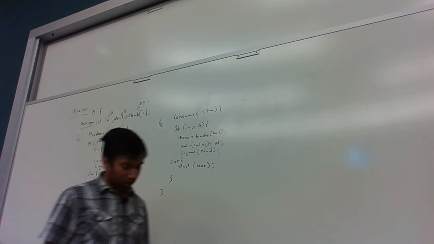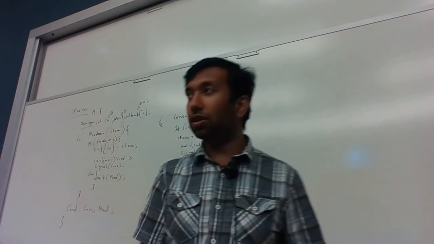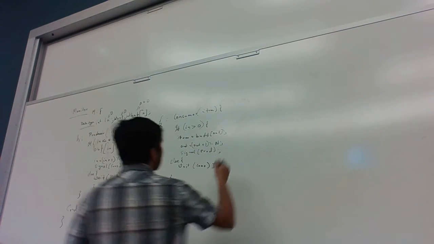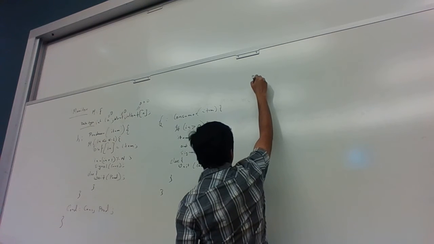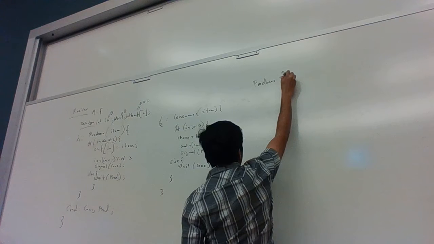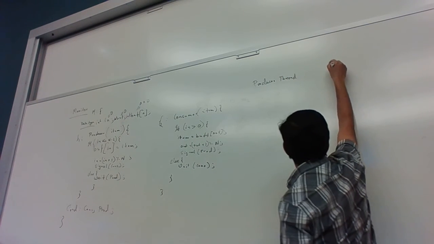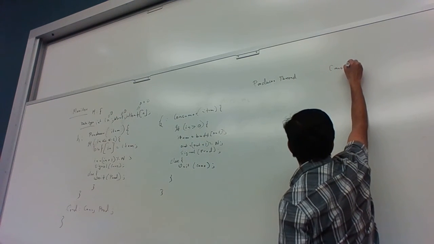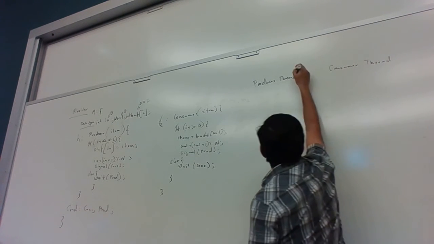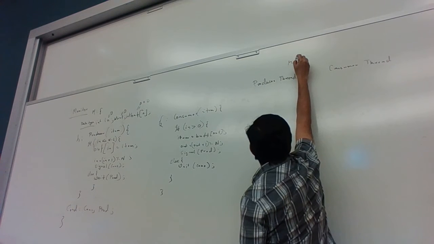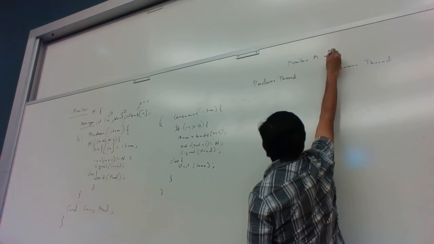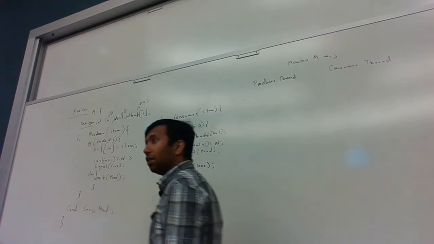But just writing the data type won't work, because you have to use the data type and write the program. So how to write the program? What does the producer do? Let's say this is a producer thread, and this is a consumer thread. Initially you have to declare a monitor, let's say M1. This is an instance M1 of the monitor.